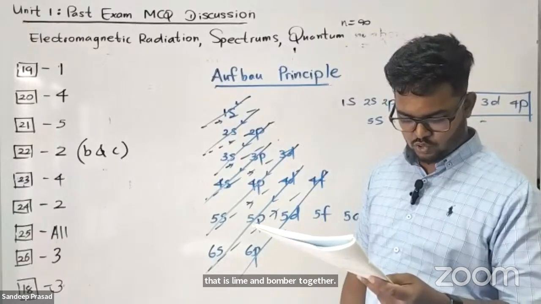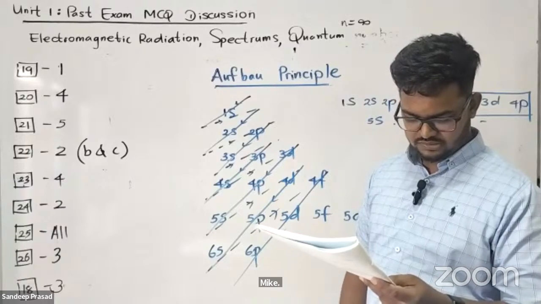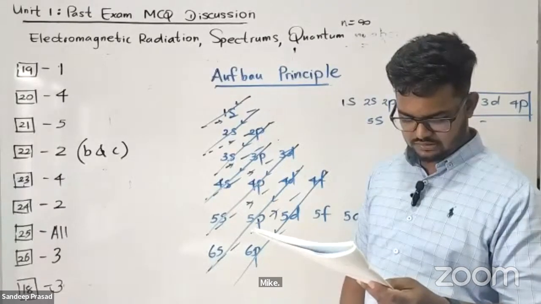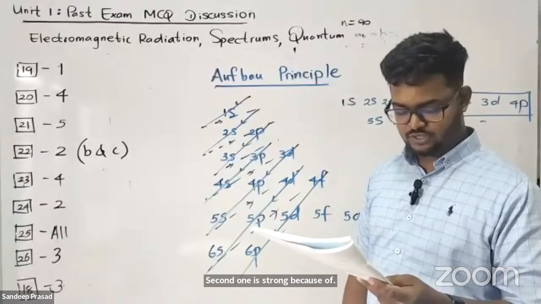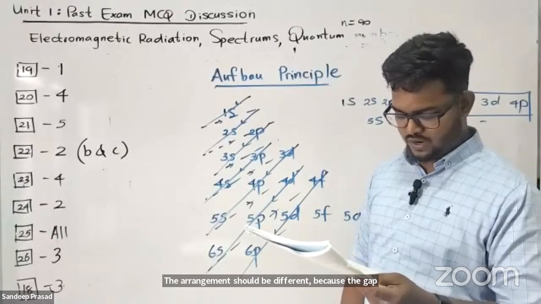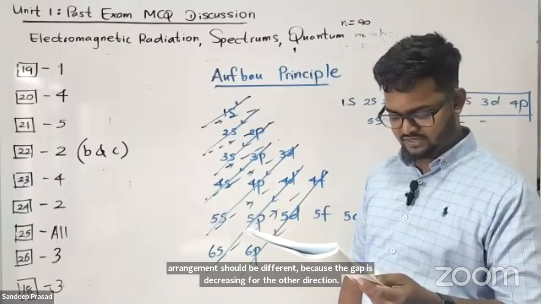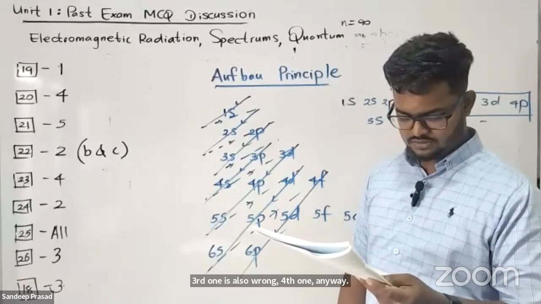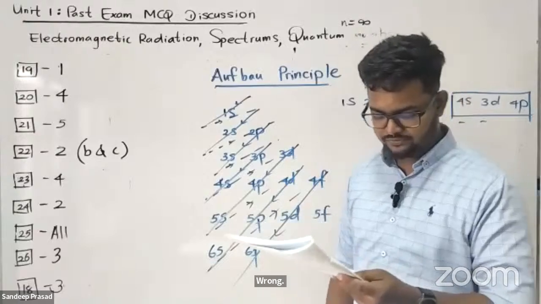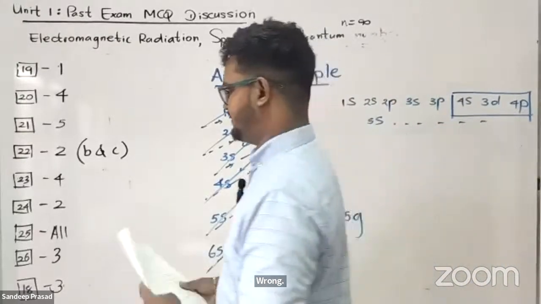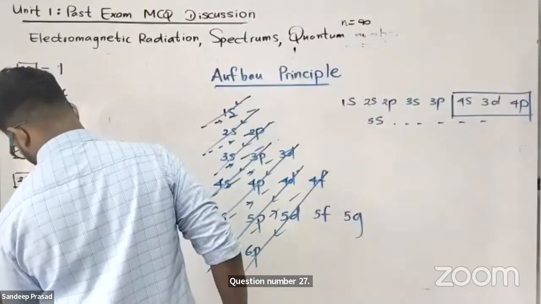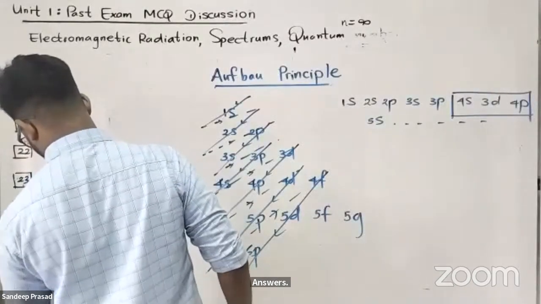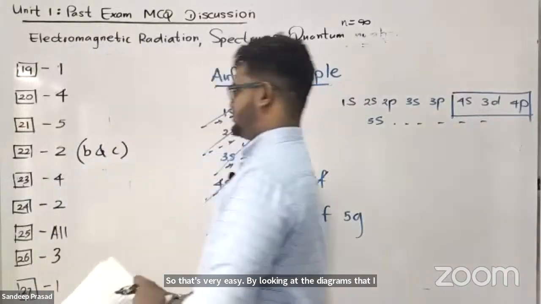The second one is wrong because the arrangement should be different, as the gap is decreasing in the other direction. The third one is also wrong. The fourth one is anyway wrong. Yes, the correct one should be the first one. Question number 27, answer is the first one. That's very easy. By looking at the diagrams that I taught you, you can go for the answers.